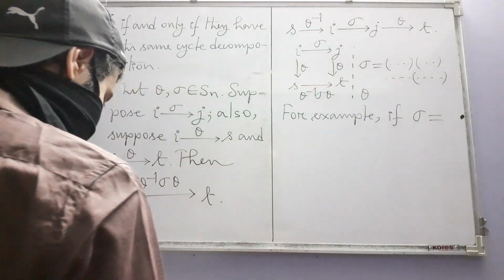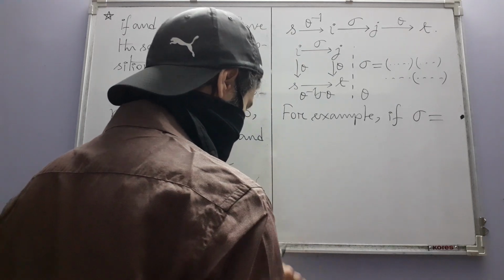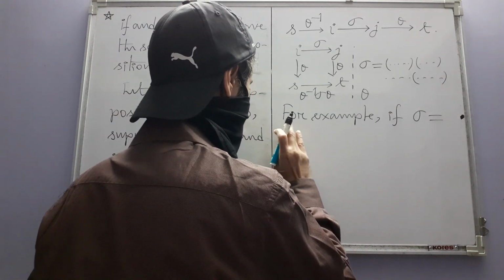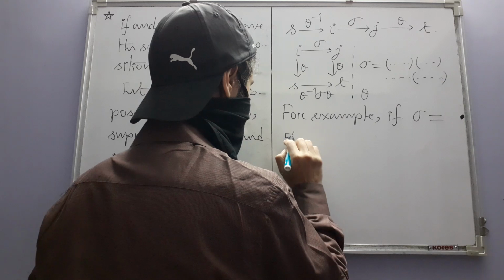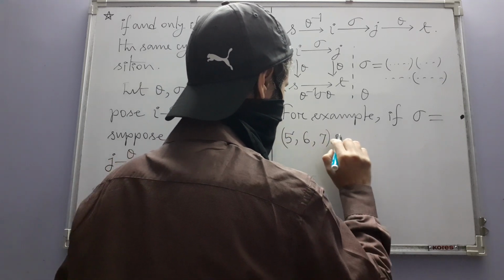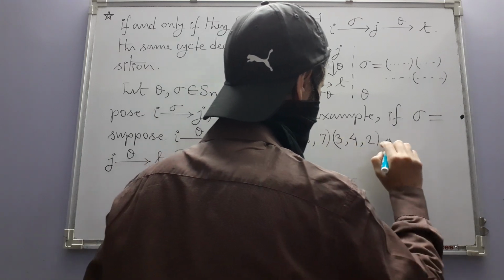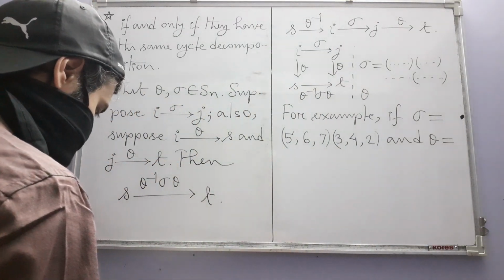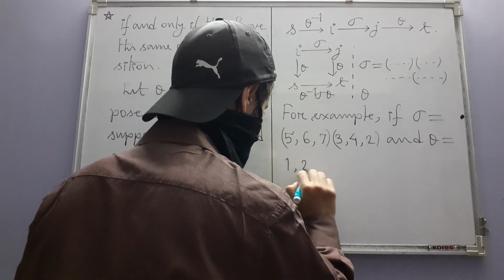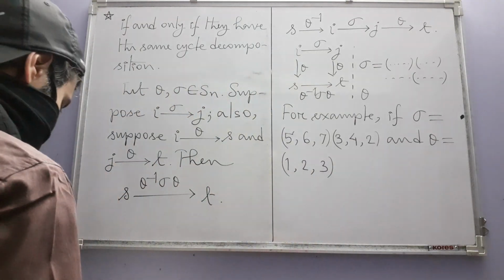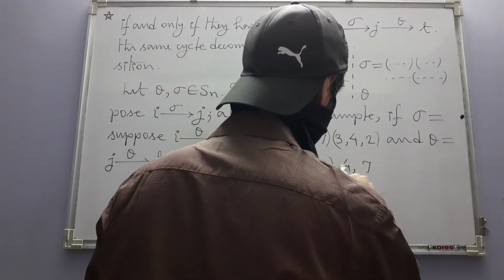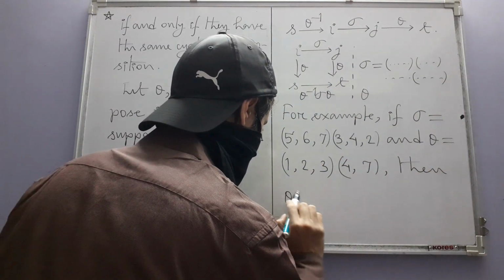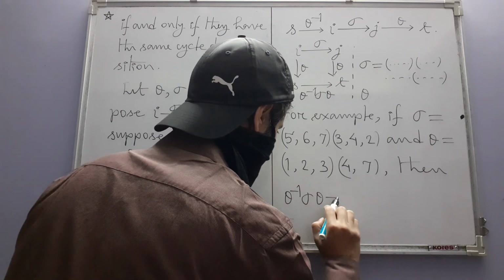If sigma is this product of three cycles, which are disjoint of course, (5 6 7)(3 4 2), and theta is this (1 2 3)(4 7), then by this rule, theta inverse sigma theta will be what?